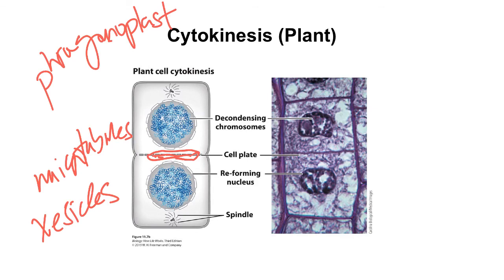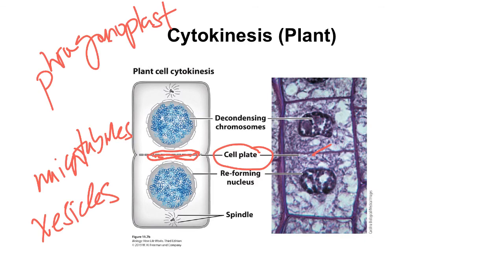During late anaphase and telophase, these vesicles fuse to form a new cell wall. This new cell wall is what we call a cell plate, as indicated in the image over here.